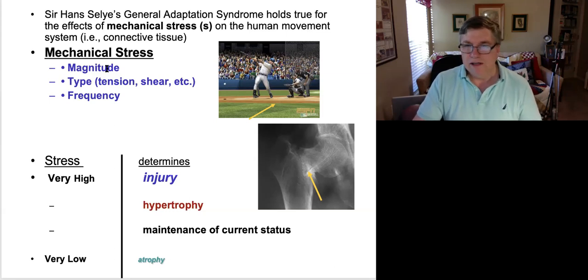So what's important is the magnitude, the intensity of the stress, the type of stress. For a ligament, for example, compared with a tendon, you see more shear and torsion. So when there's an ACL reconstruction and you have a new ACL, which is basically the middle third of the patella tendon or semimembranosus or semitendinosus tendon, what you tend to get is a transformation over time. The cells for tendons and ligaments are exactly the same. They're fibroblasts.